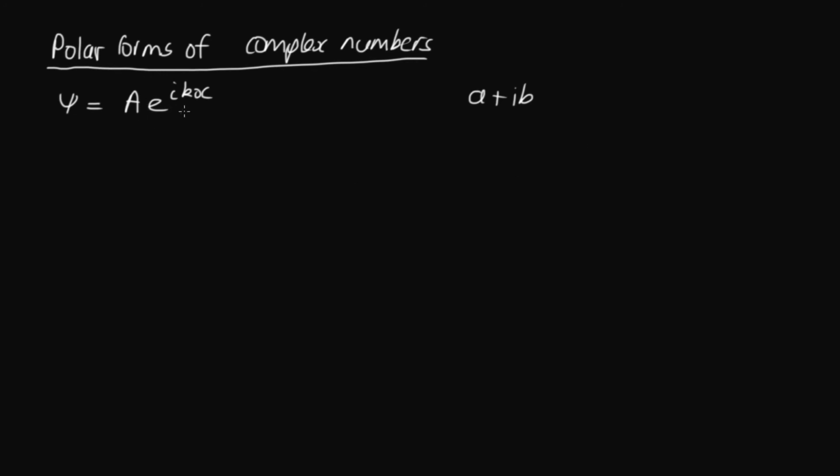Okay, so what this means is we can actually expand this as equal to a cos kx plus ia sin kx. So this is often called the CIS form, cos plus i sine theta.